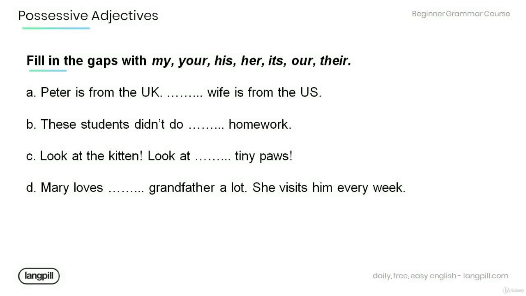Now, it's time for you to practice on your own. Read the following sentences and fill in the gaps with my, your, his, her, its, our, or their. A. Peter is from the UK. Wife is from the US.